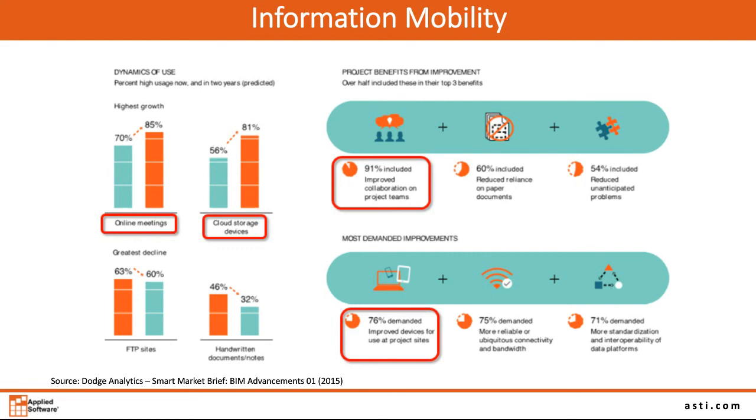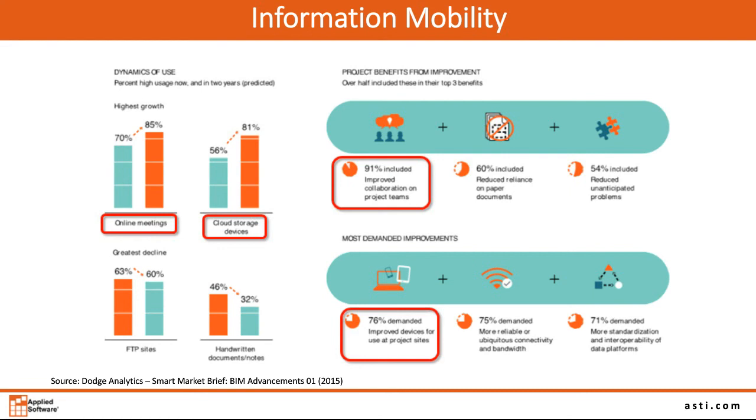So again, just some of the highlighted things here. Online meetings and cloud storage devices, both of those have a big impact on the effectiveness of collaboration. And conversely, you'll notice that there's a fairly significant decline with FTP sites and the use of handwritten notes. And this is actually information from the 2015 Smart Market Brief.